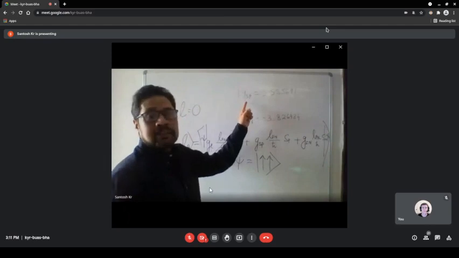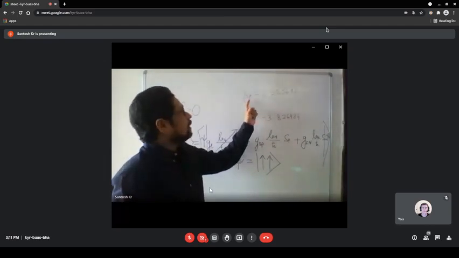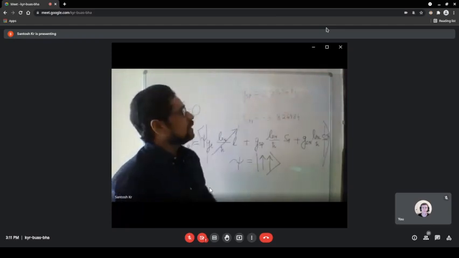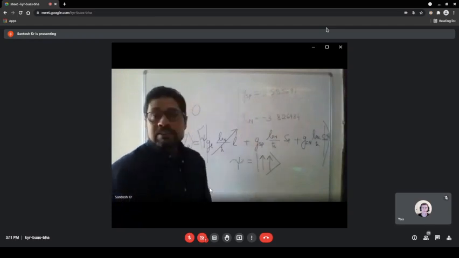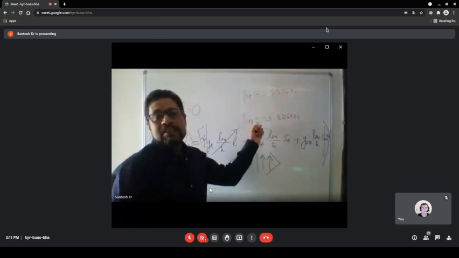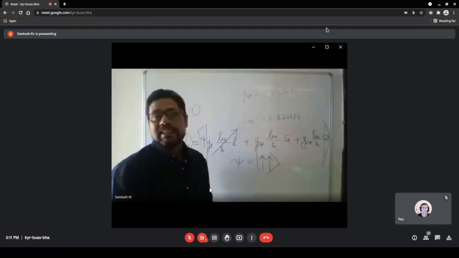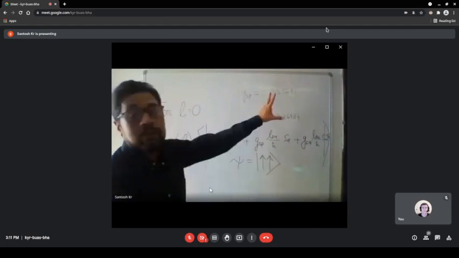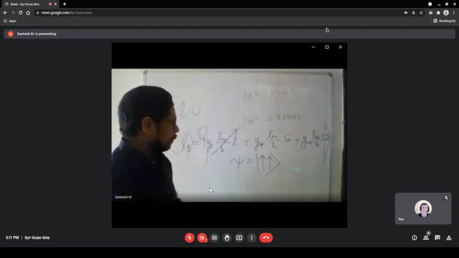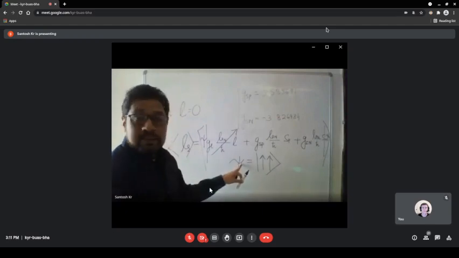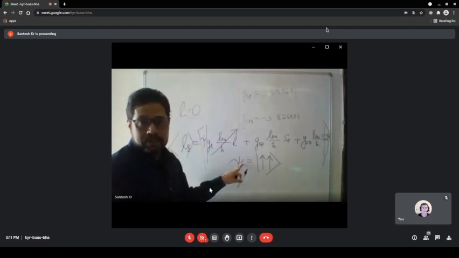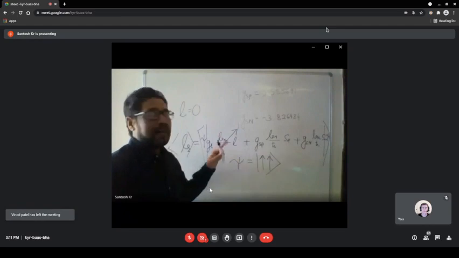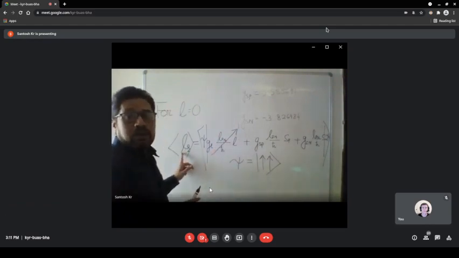Here g spin for proton is 5.585691, and g spin for neutron is minus 3.826484. This value I will use. Now in place of this wave function, I will use this wave function to calculate the expectation value of the magnetic moment.